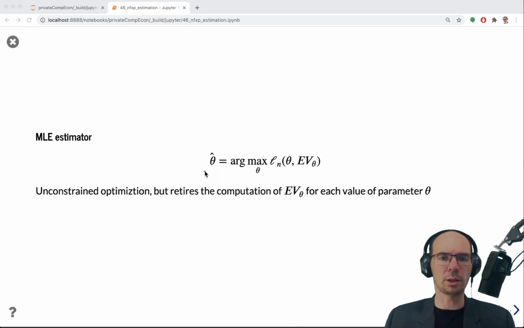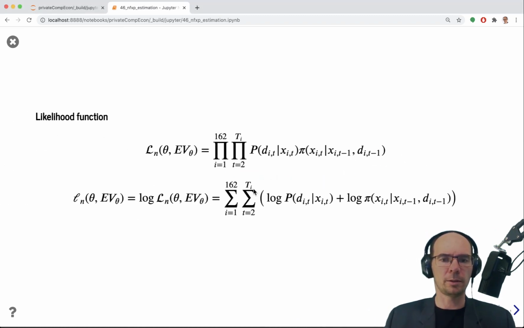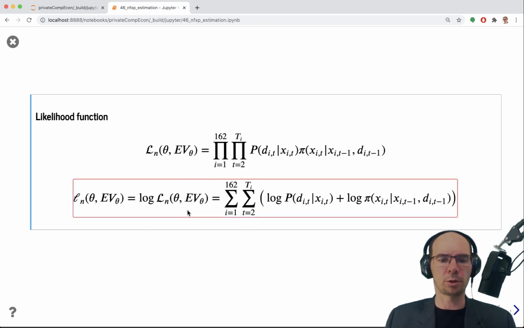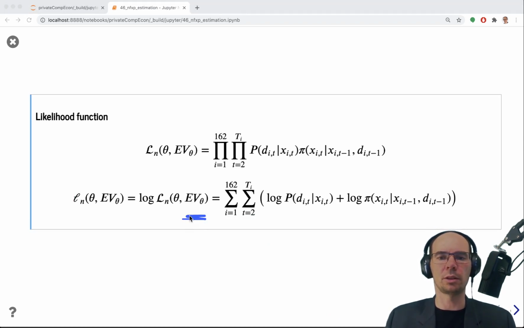So again, the maximum likelihood estimator is given by the argmax of this function. But now observe that the likelihood function also implicitly depends on the expected values which form the fixed point, the solution of the model itself. And that's because these choice probabilities depend on the equilibrium or on the solution EVs.